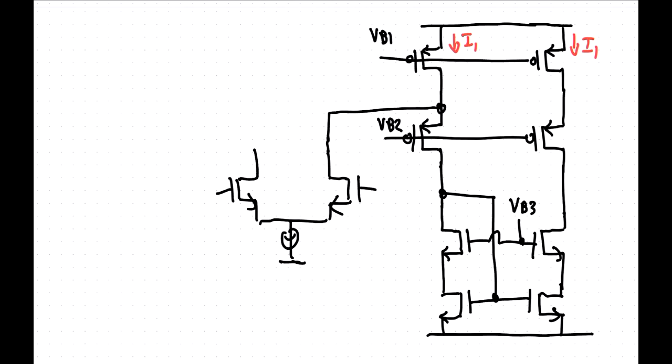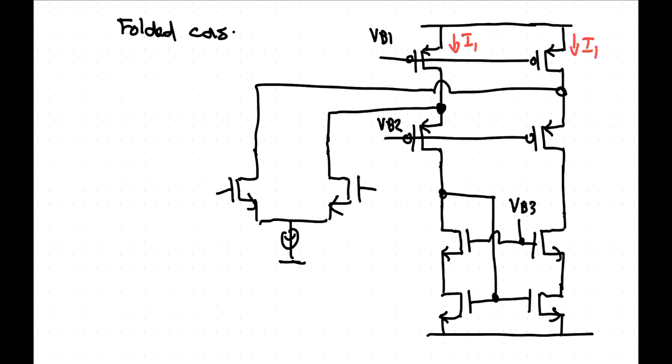One goes and connects there, and the other one goes and connects over there. So this is a folded cascode OTA. This is the output voltage, the out. And we also have the load capacitance sitting here, as before, which is also the compensation capacitor.